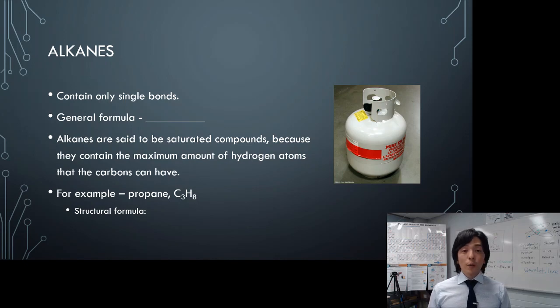The general formula, I'll just say it here, is CnH2n+2. So you will always have double the amount of carbon plus 2 extra if it's an alkane, a hydrocarbon with only single bonds. They are all saturated compounds because they contain the maximum amount of hydrogen atoms.